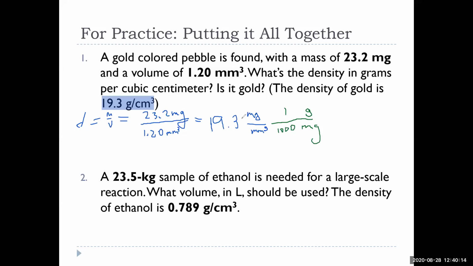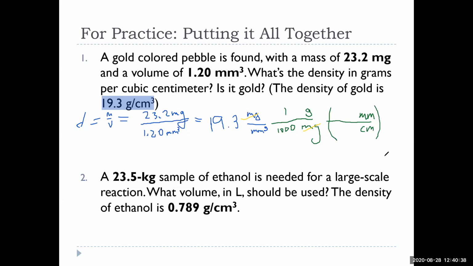And now, okay, great. Milligrams divided by milligrams will cancel. We want to fix our denominator as well. So let's add another conversion factor, canceling out cubic millimeters and dividing by cubic centimeters. I haven't added the exponent yet.